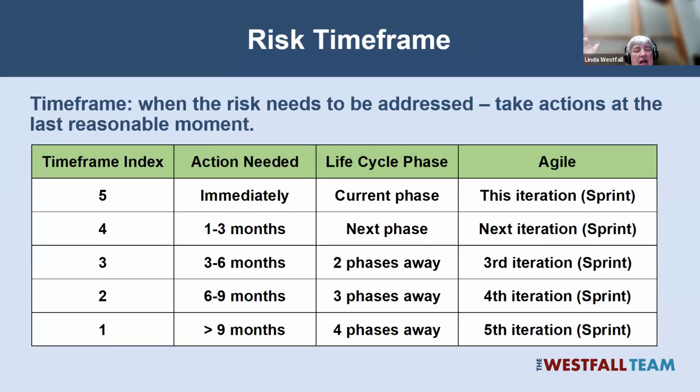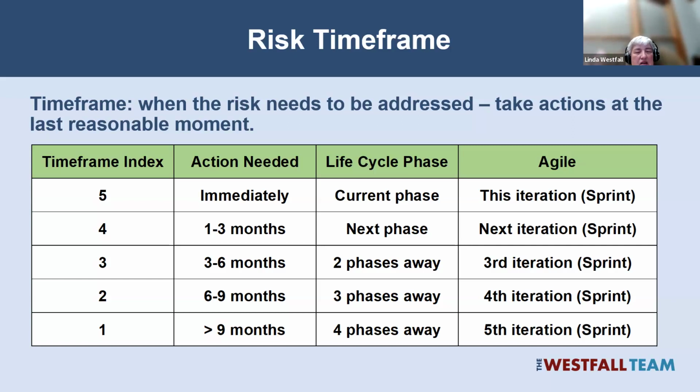And we can do the same thing. Another thing you need to consider is time frame, because you don't necessarily want to attack all your risks up front. Always wait till the last reasonable moment to go mitigate a risk. So we just scale them on a 1 to 5 again.